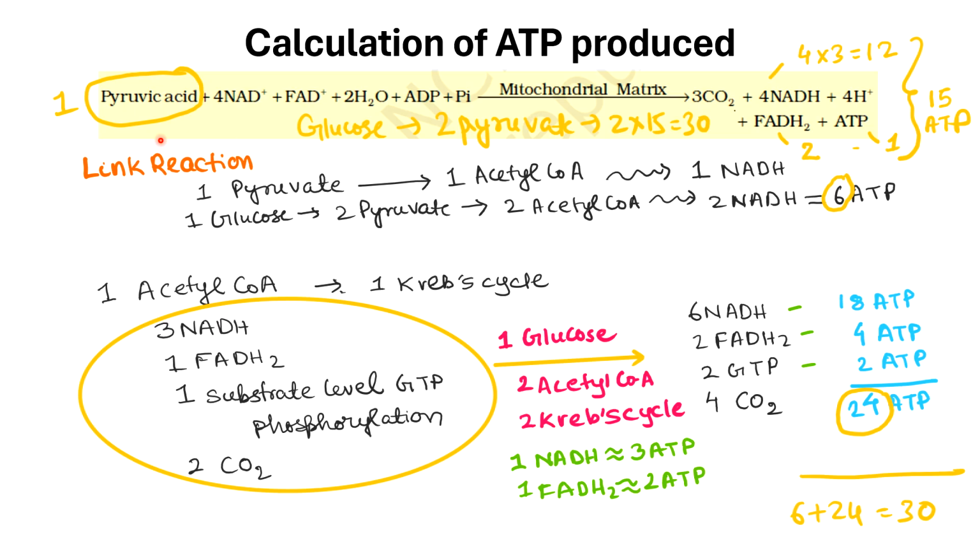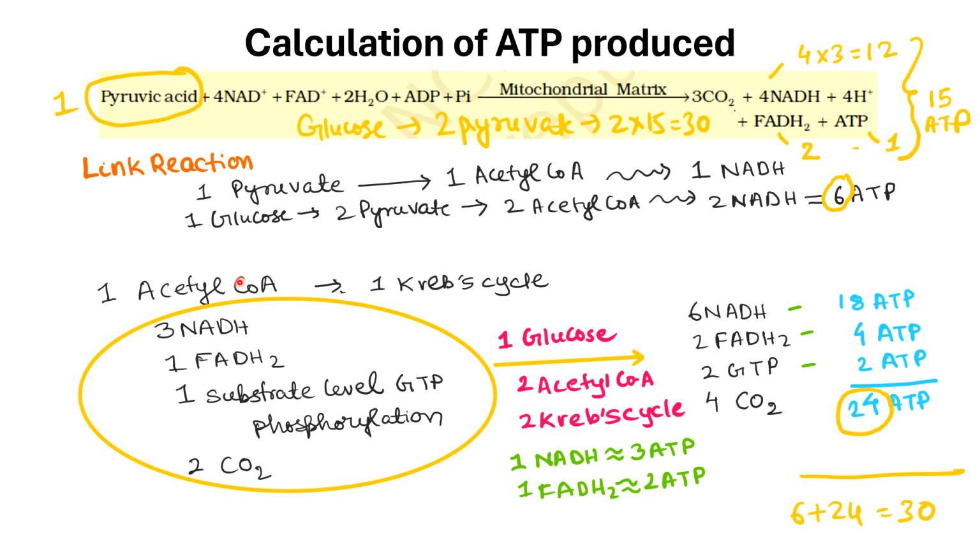In the link reaction, a single molecule of pyruvate is converted into one molecule of acetyl coenzyme A, and it leads to the formation of one NADH. No ATPs are produced. So if we consider glucose, two pyruvates are formed, which means two acetyl coenzyme A and two molecules of NADH. Two molecules of NADH come from the link reaction.